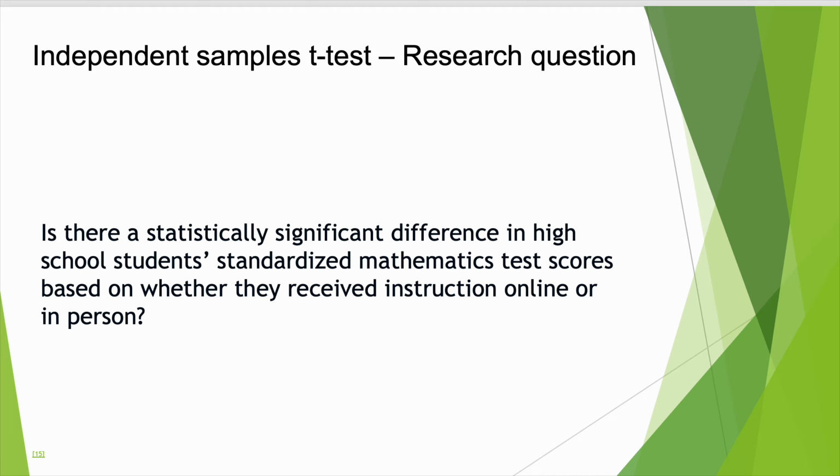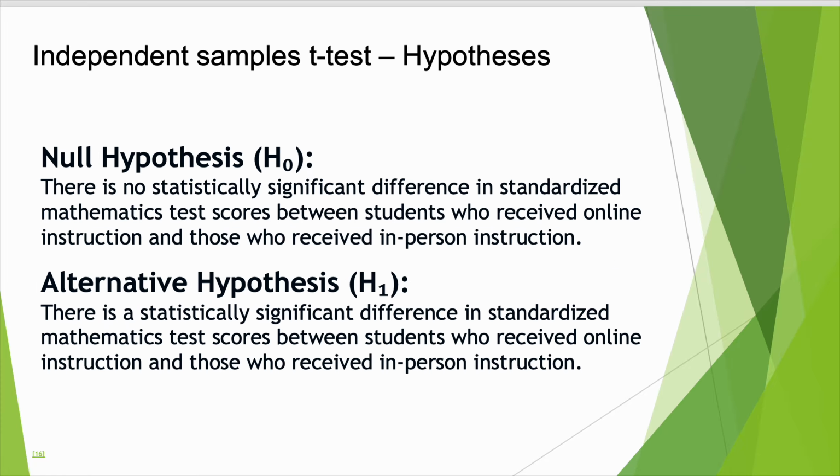It's going to be, is there a statistically significant difference in high school students' standardized mathematics test scores based on whether they got instruction online or in person? So instead of having that before an intervention, after an intervention, it's going to be those two groups mentioned at the very end.